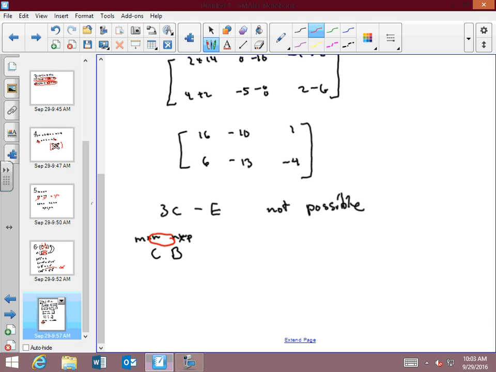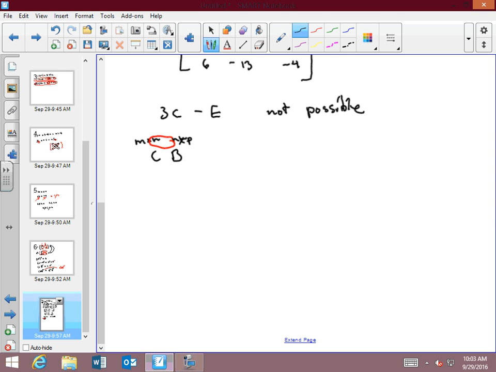So the columns in C must match the rows in B. Do they? They do, right? So you can do that multiplication. So C is 1, 2, minus 2, 1, and B is 7, 1, minus 5, minus 4, and 1.